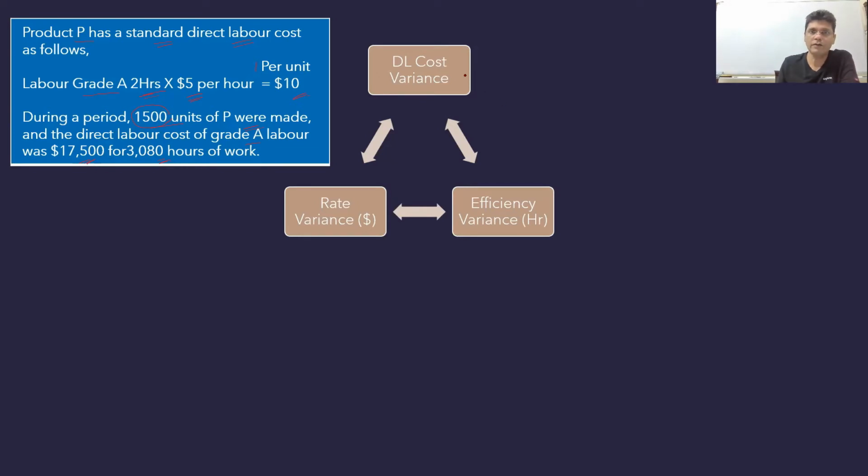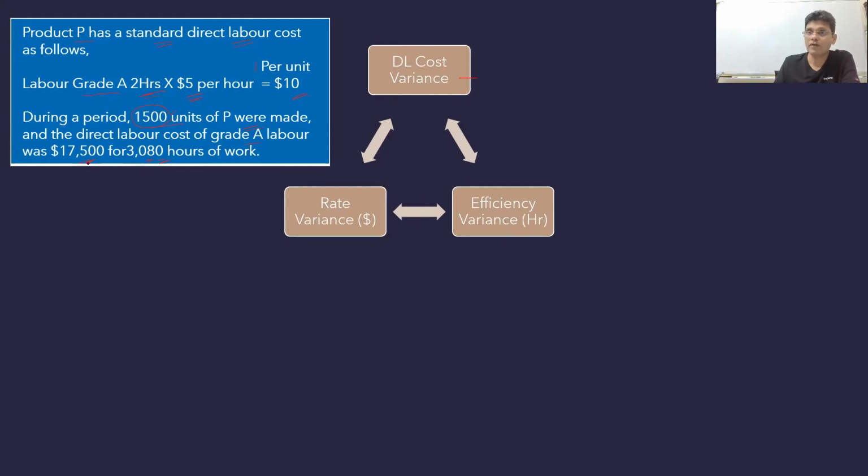How do you calculate the total variance? Simply compare your budget and the actual to produce 1,500 units. To produce 1,500 units, you used 3,080 hours at $17,500.